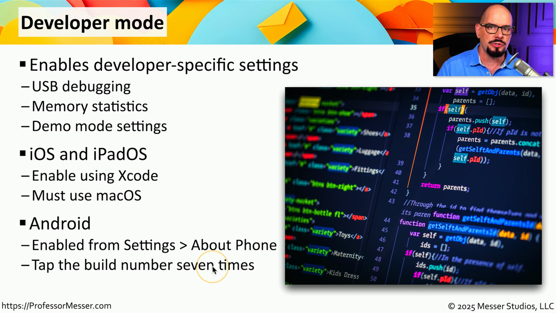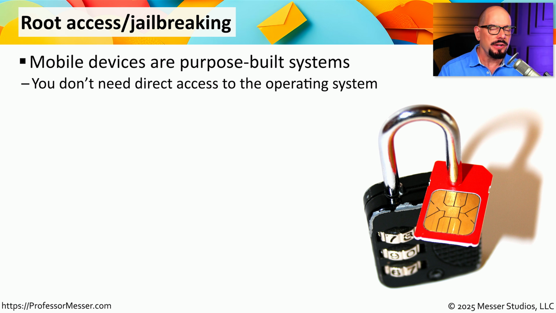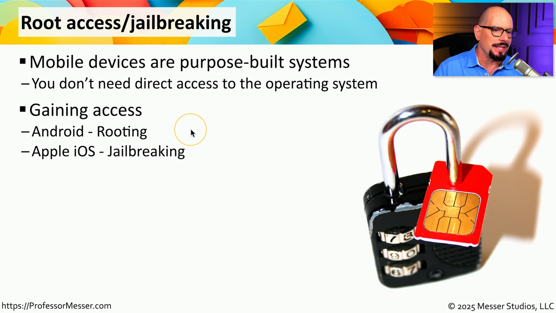As we've seen, these mobile devices are very good at restricting our access to the underlying operating system. But some enterprising researchers have found ways to gain more access to the OS of these mobile devices. If you're running on an Android, we often refer to this as rooting, and on an Apple iOS or iPadOS device, we refer to this as jailbreaking, although these terms tend to be used interchangeably.